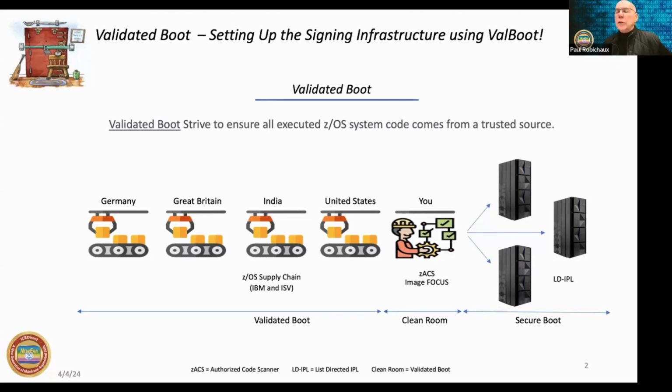You check all the boxes, make sure everything is appropriate for your organization, and then you pass it on to be installed on any number of CECs, in this case 3.